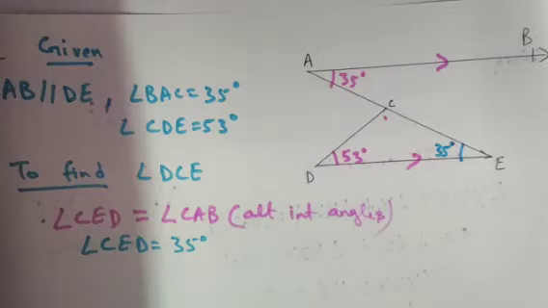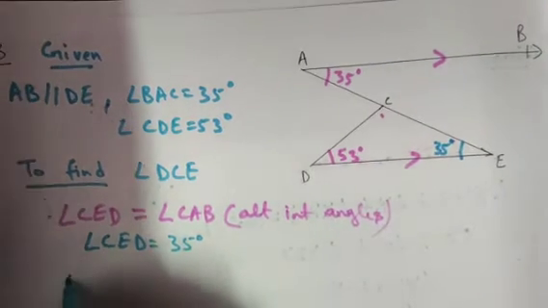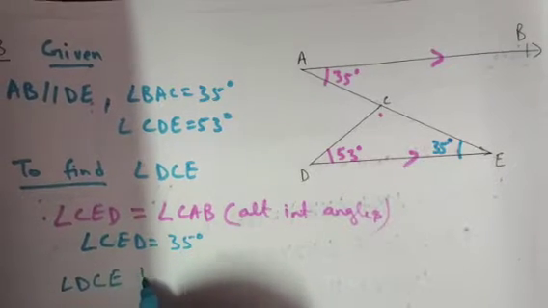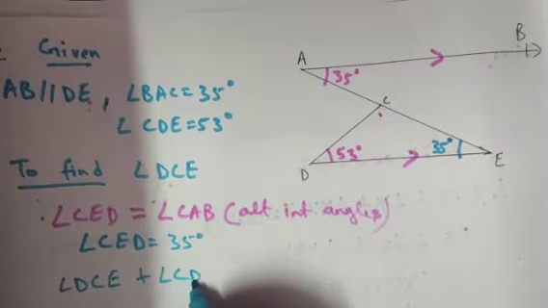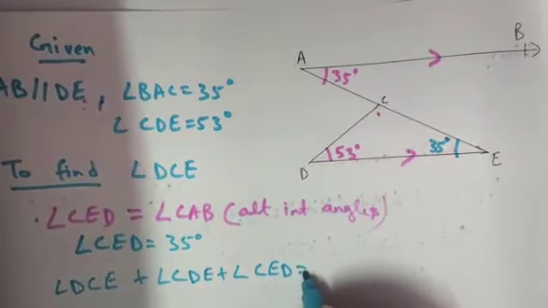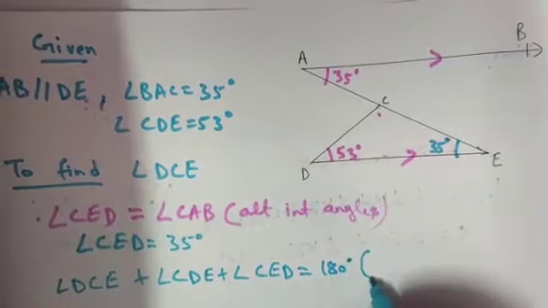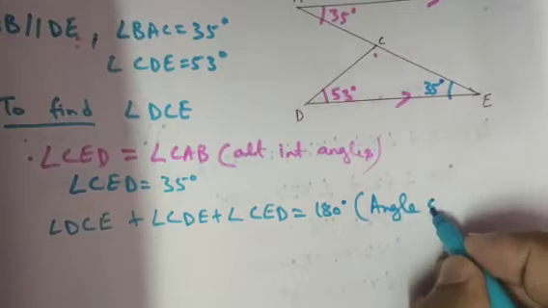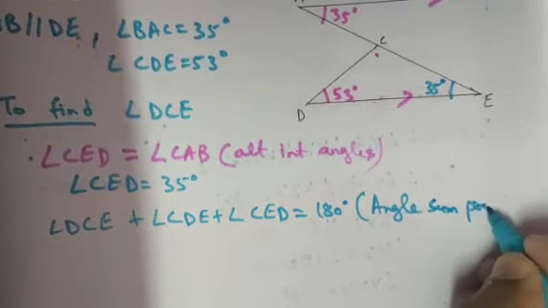Now in triangle DCE we apply the angle sum property of triangle. Angle DCE plus angle CDE plus angle CED equals 180 degrees.